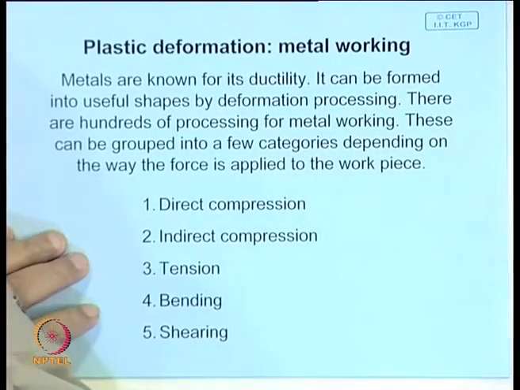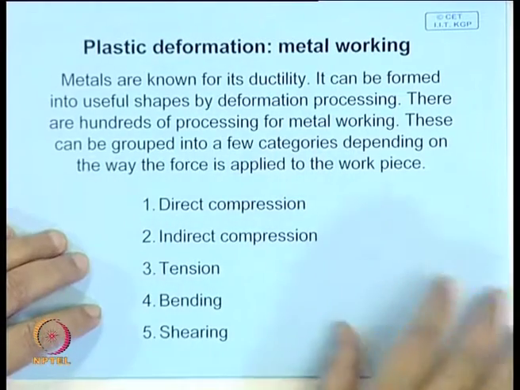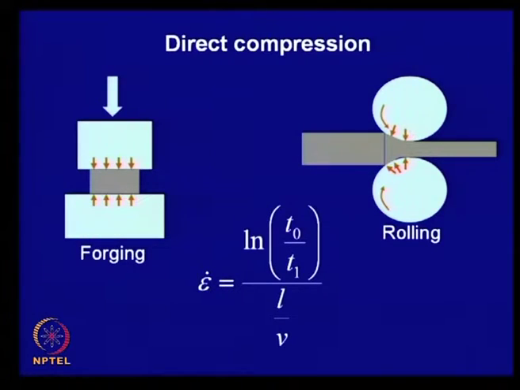Let us look pictorially at some of these deformation processes. One is forging. Here this is an anvil on which the workpiece, the job, is kept, and you apply pressure, and under this pressure the material flows. It can be a normal press forging or it can be hammer forging.